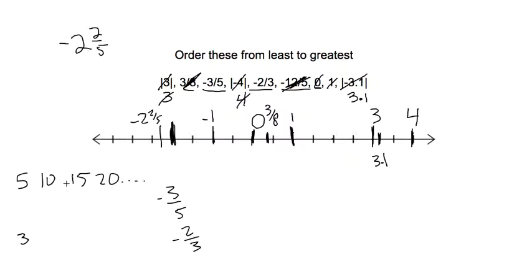And you could write out a bunch of those. But multiples of 5 are 5, 10, 15, 20, 25, 30, and so on. For 3, 3, 6, 9, 12, 15, and so on and so forth. Again, we could keep going on that. But the nice part is that once we find a common multiple here of 15, we know that that's what we want our denominator to be for these.